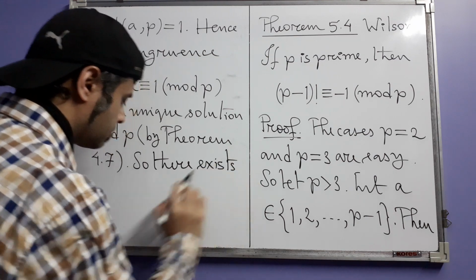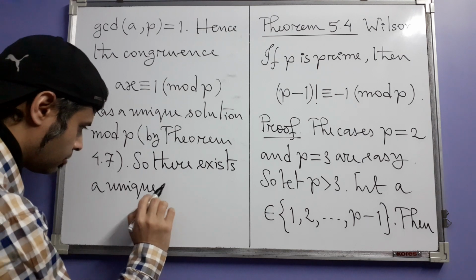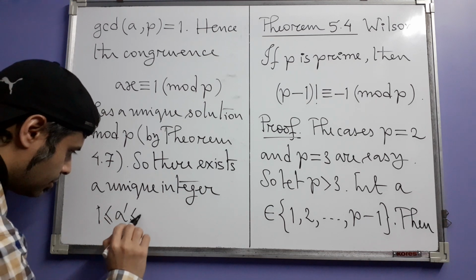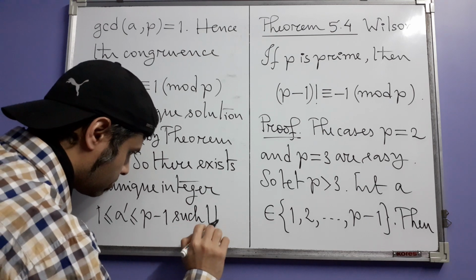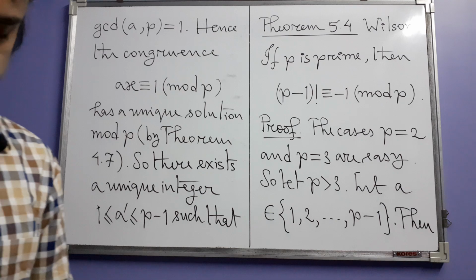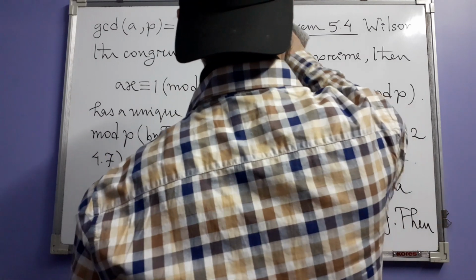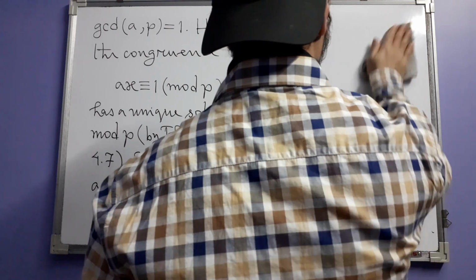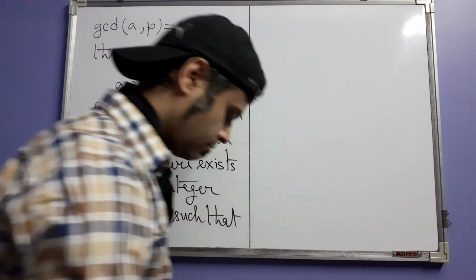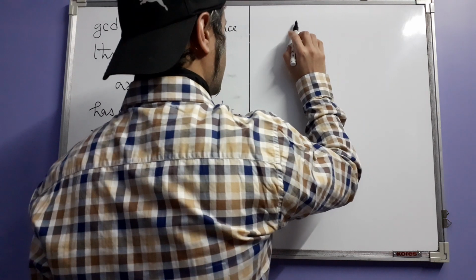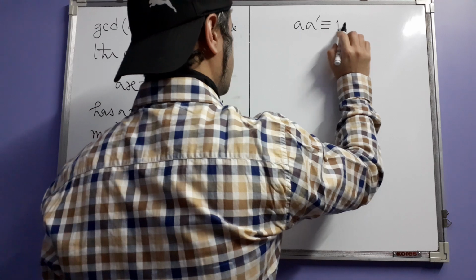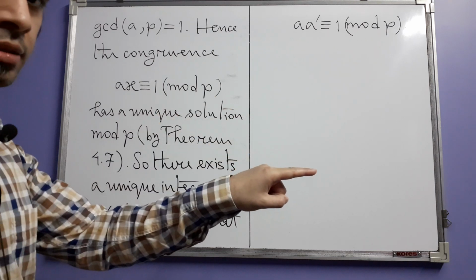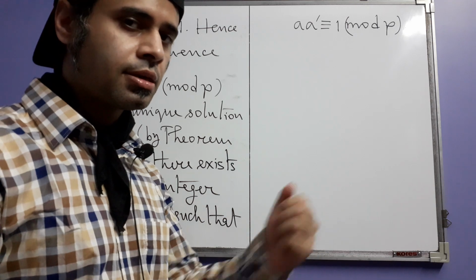So there exists a unique integer A prime in this range that will satisfy this congruence, such that A A prime is congruent to 1 modulo P. Now you see, A is coming from that set, the set of all positive integers less than or equal to P minus 1.